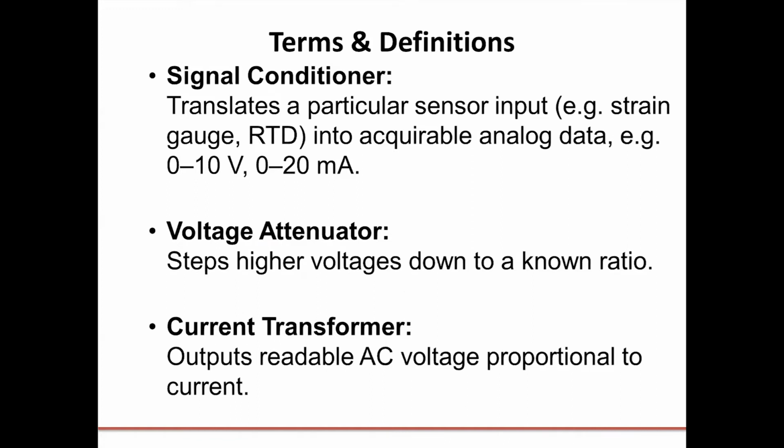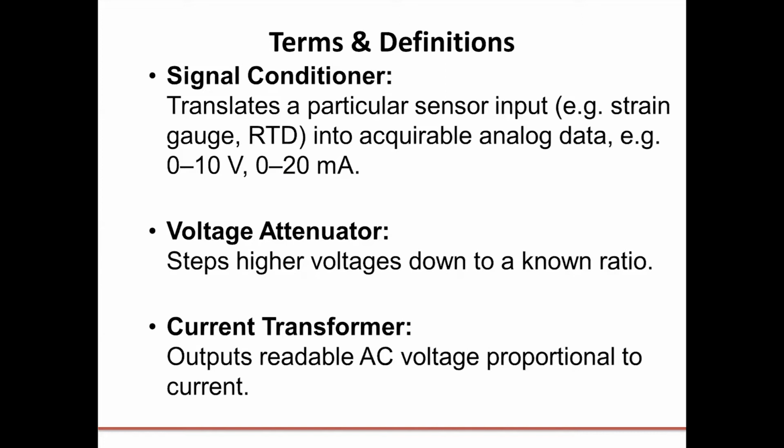The signal conditioners, for example, take strain gauge or thermocouple input and translate it into an analog voltage or current range that you can acquire with a wide variety of analog input data acquisition modules. This eliminates the need for a specialized type of input module, one that only accepts input from one type of sensor.